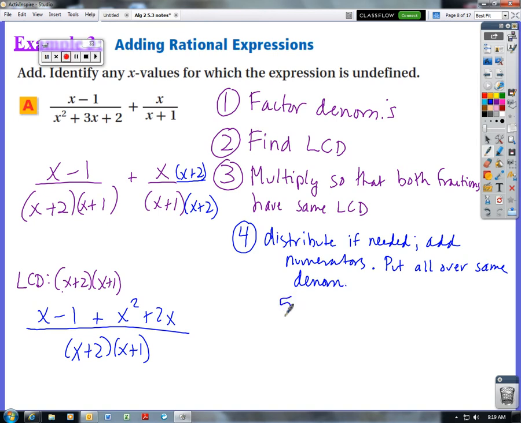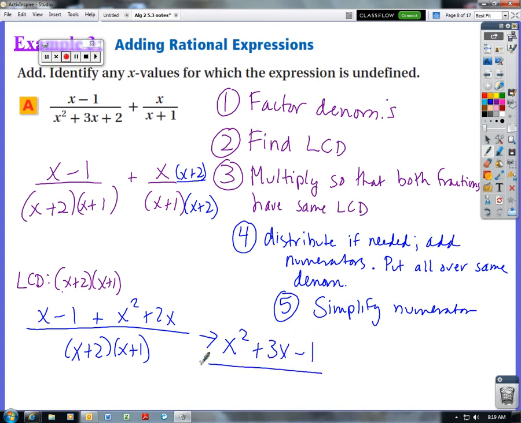And then finally simplify the numerator. So I've got x squared, 2x plus x is 3x, and minus 1 all over the denominator. You can either leave the denominator the way it is, or you can distribute it.